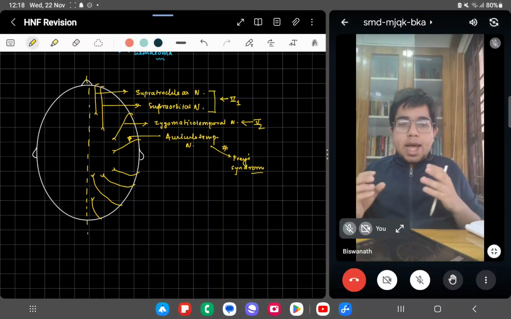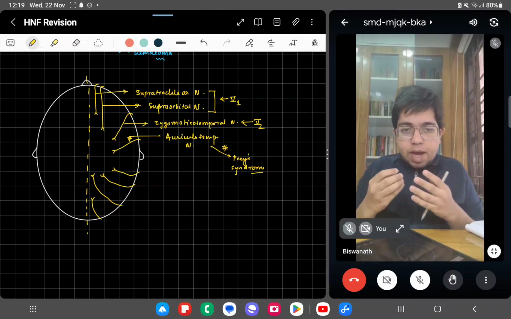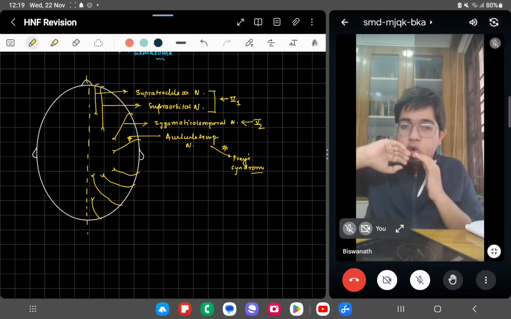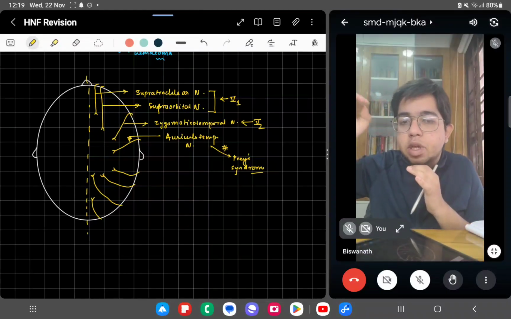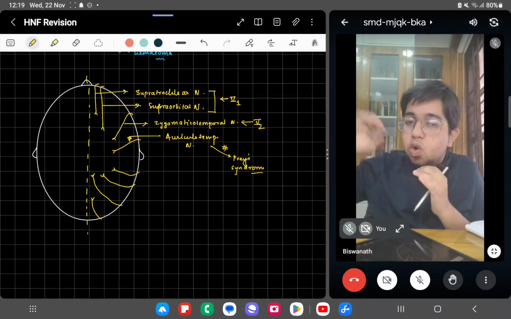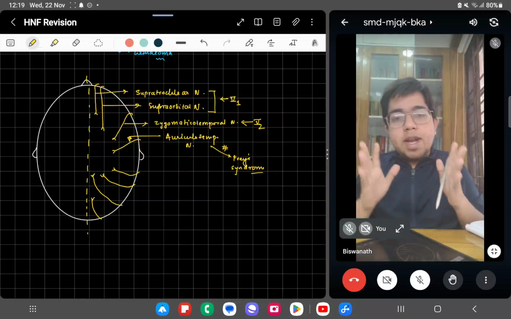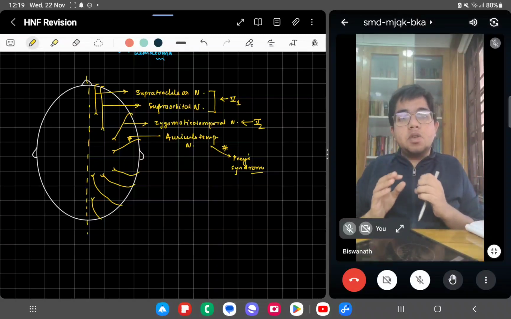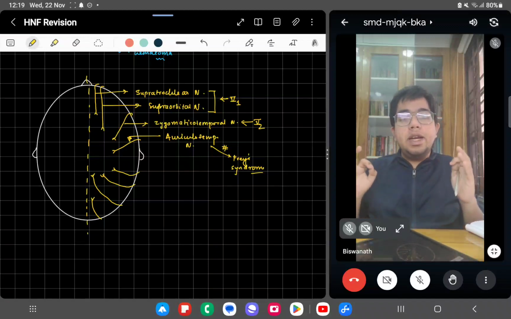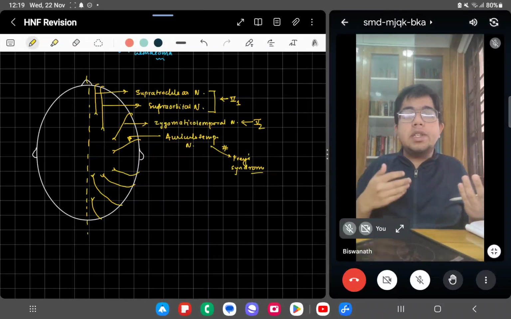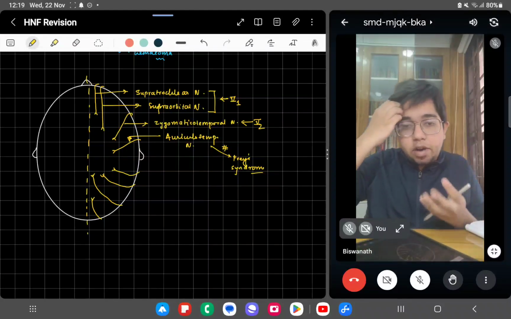Due to this, the fibers which are there for salivation grow into the fibers for lacrimation. There is a Wallerian degeneration of the lacrimal fibers. Orthograde degeneration or Wallerian degeneration, you must have read in physiology.